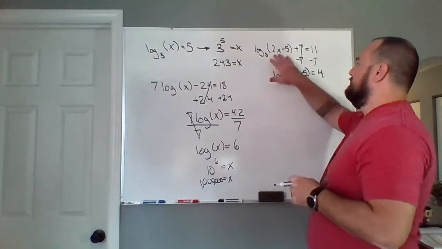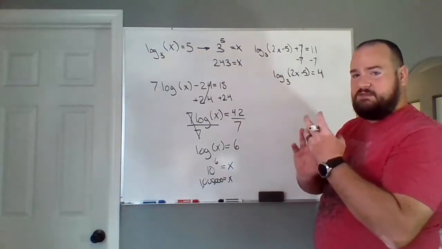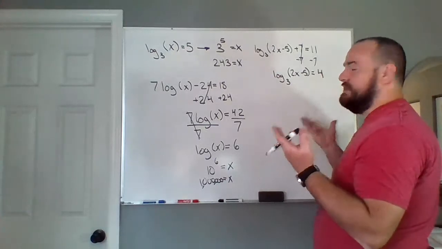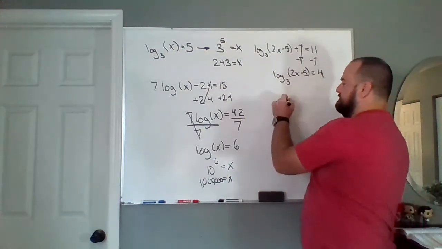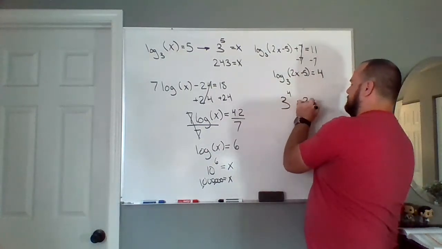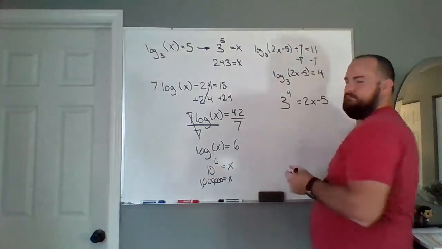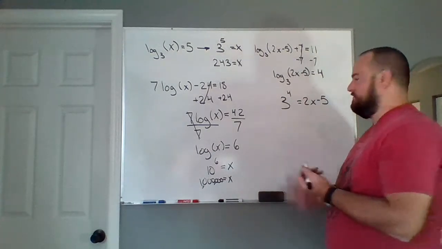Now, I can't do anything with the 2x minus 5 because that's trapped inside that logarithm. So I have to get rid of that logarithm first. And the way we do that is we simply convert from log form to exponential form. Base here is 3. Other side is 4. We get this. Well, I can simplify 3 to the 4th. That's 81.